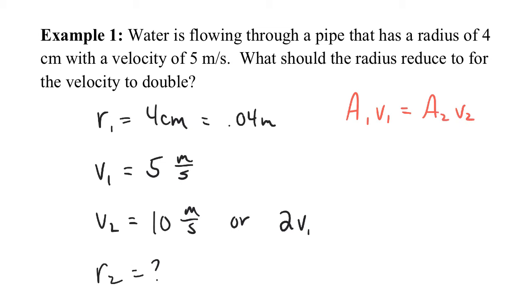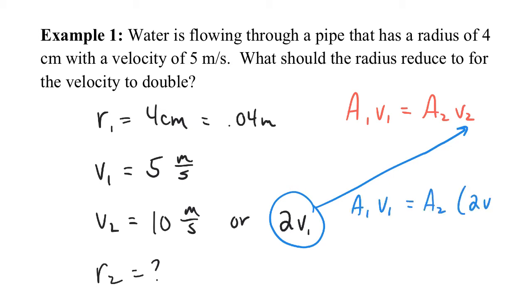Now do you see why I might use this instead? If I move this in for V2, what happens on both sides? V1 cancels. So instead of putting a 10 in for V2, I'm going to take the algebraic approach and plug that in for V2. This equation becomes A1V1 equals A2 times 2V1. V1s on both sides cancel.